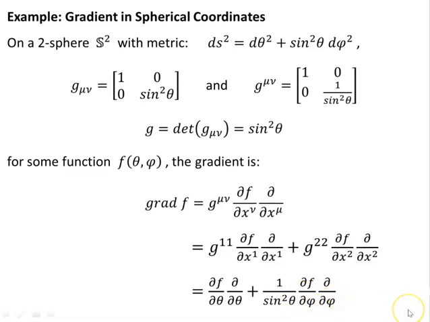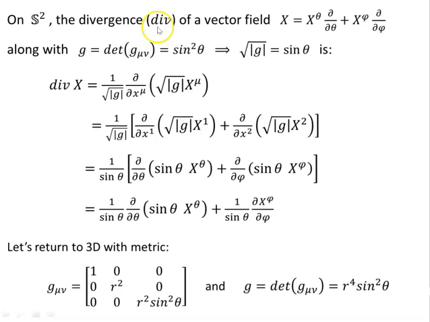On S2, the divergence div of a vector field x, if your vector field x is this, again, the determinant is this, the square root of the absolute value of the determinant of the metric, sine theta, and gives you this. So div x is, and then you can just write out the components like this. So that one plus that one.